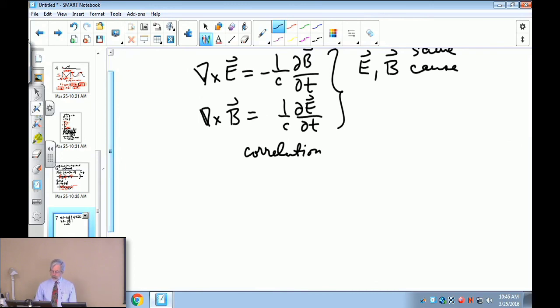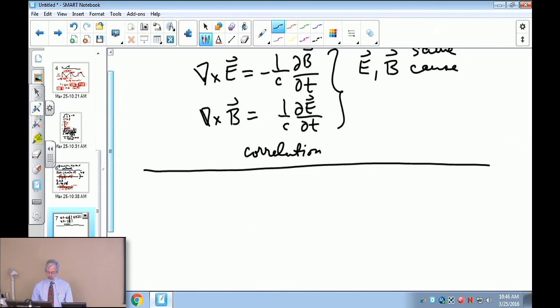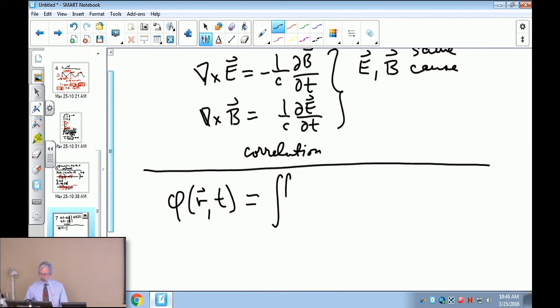There's a general solution that he shows you here. Phi at some location and some time can be determined by integrating over the source, the charge density at some location r prime.